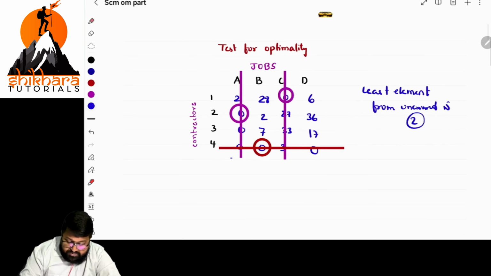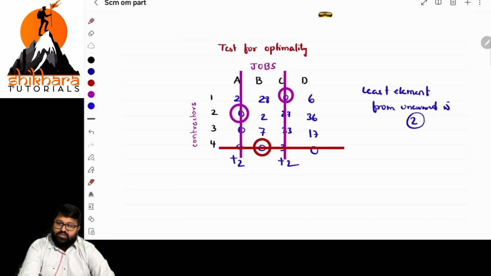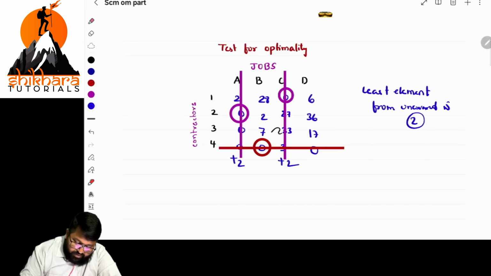So where should we add? Here we should add, as these are junctions, nothing but the intersection of 2 lines. So while you are drawing the lines, be careful and present them properly. And these are uncovered now. I will change the color. That will be good for you. Minus 2, minus 2, minus 2, minus 2, minus 2, minus 2.